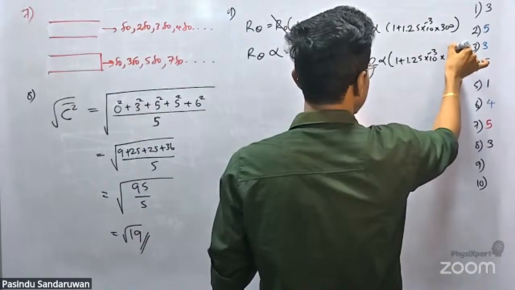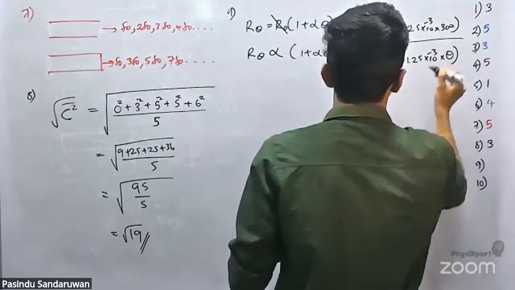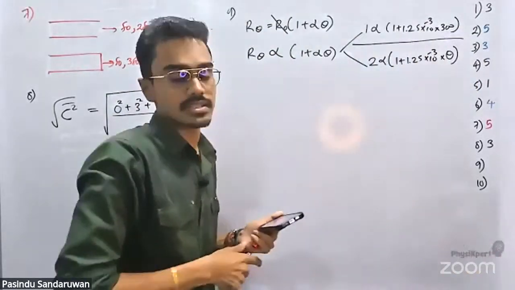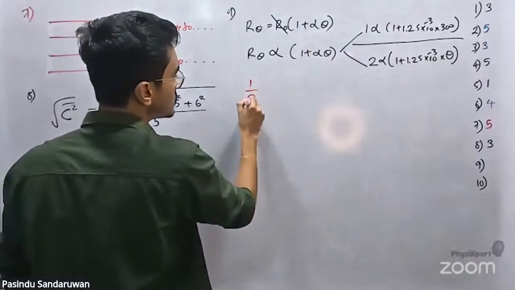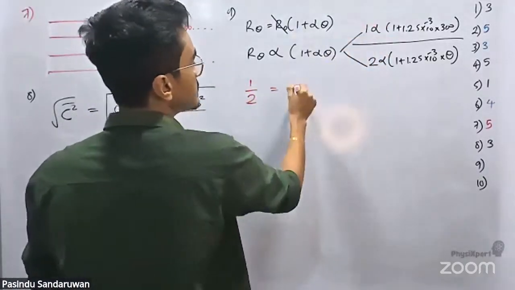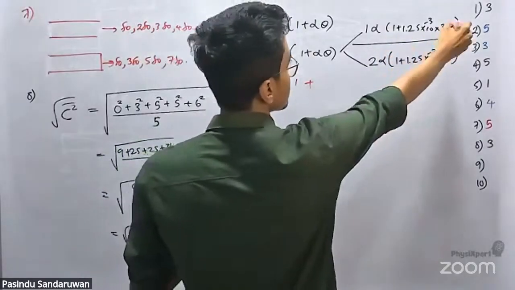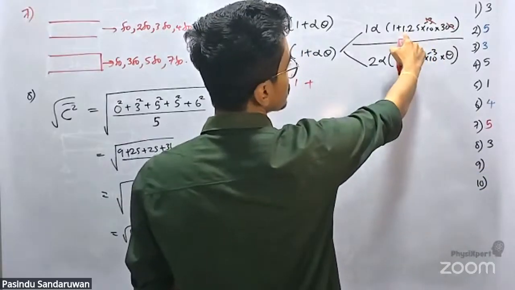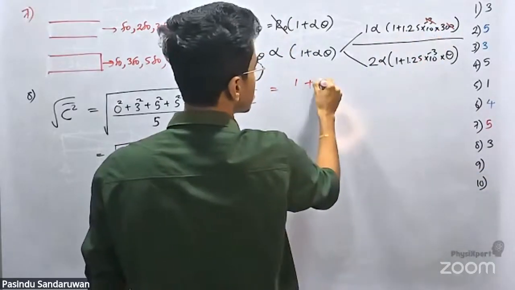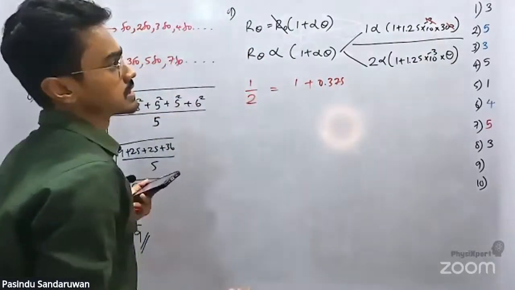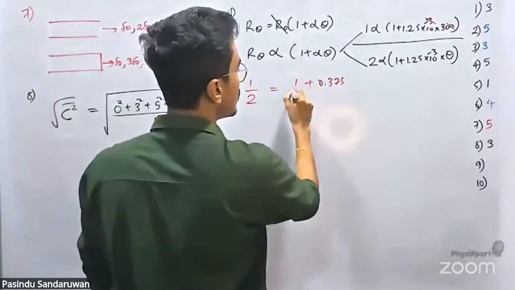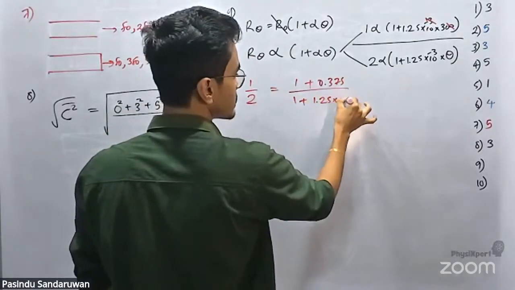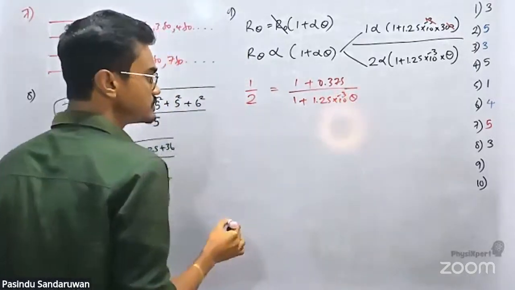Divide these two equations. 1 over 2 equals 1 plus 1.25 times 10 to the power minus 3 times 300, which is 1.375, over 1 plus 1.25 times 10 to the power minus 3 theta.